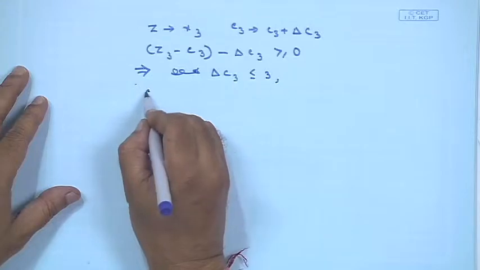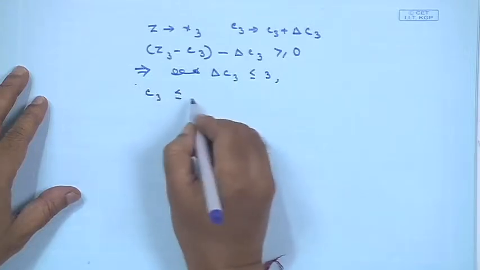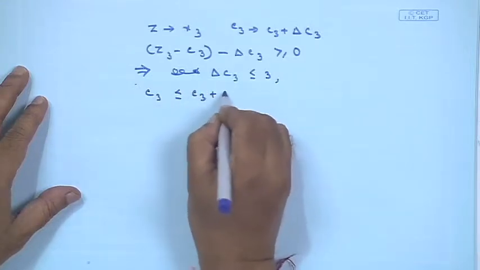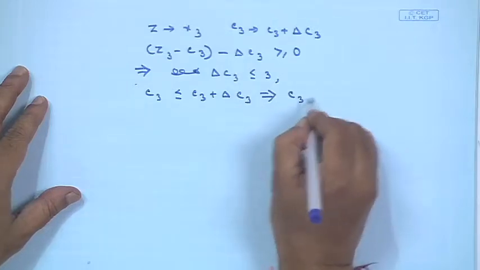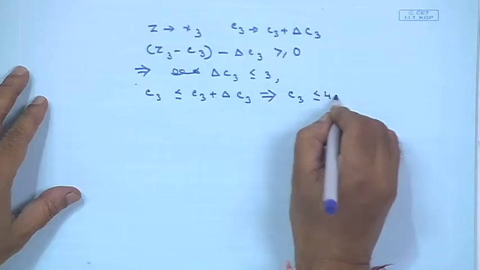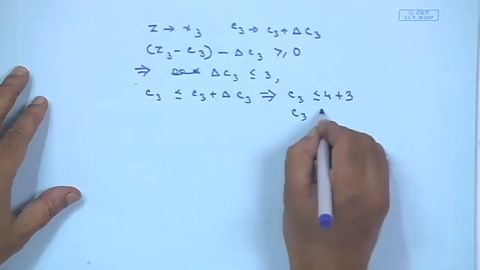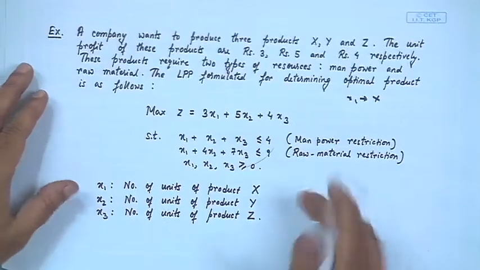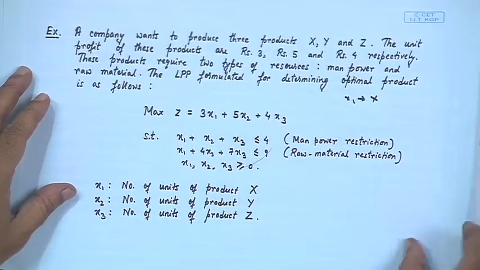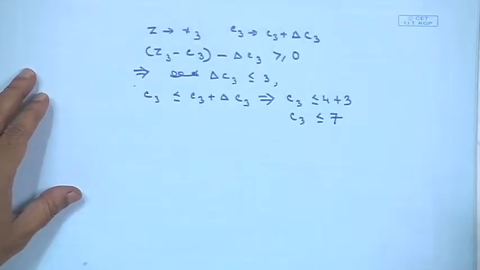So, therefore, your C3 less than equals C3 plus del C3. From here I can write down C3 less than equals 4 plus 3, or C3 less than equals 7. So, your original value of the coefficient for x3 was 4. What is our conclusion now?